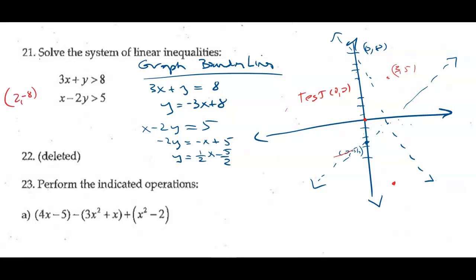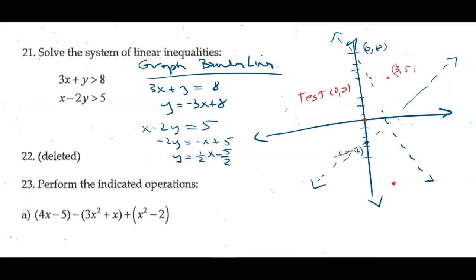There you go, 2, negative 8. 3 times 2, I'm sorry, is 6 minus 8 doesn't work.